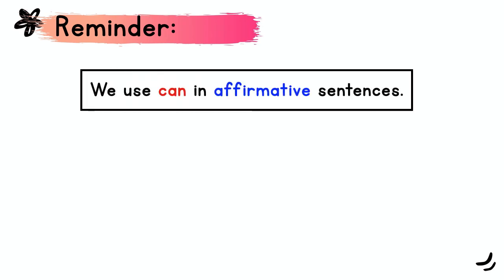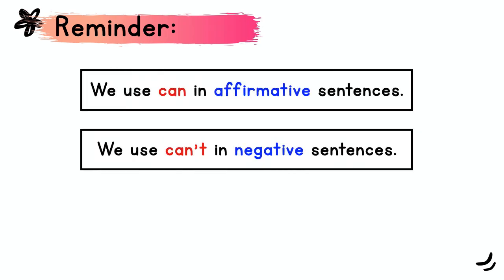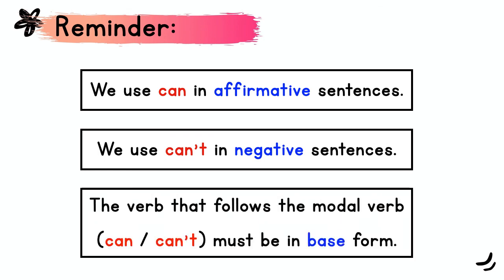As a reminder, we use can in affirmative sentences. We use can't in negative sentences. The verb that follows the modal verb can or can't must be in base form.